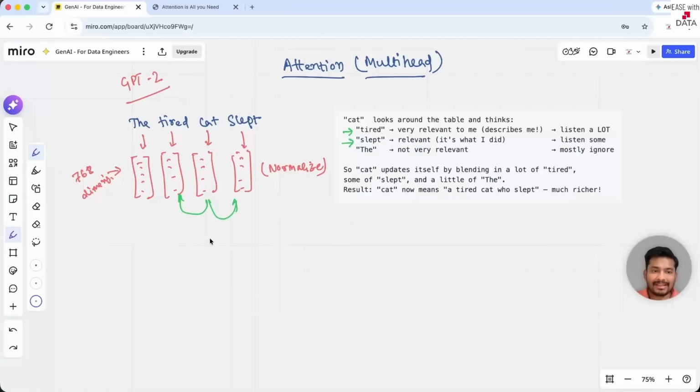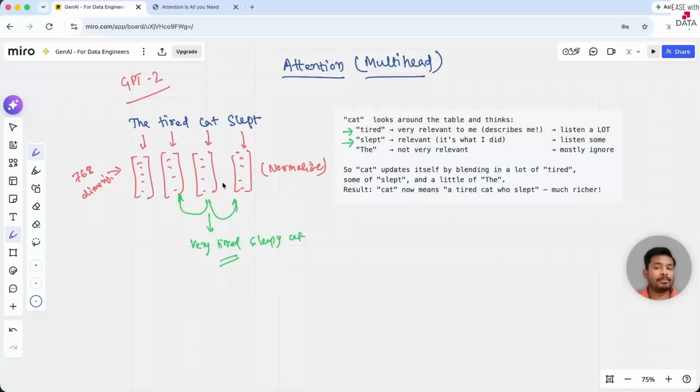Now once cat has understood the relevance of all the other embeddings, it would enrich itself, and now the meaning of the cat would be a very tired, sleepy cat. So the generic embedding of the cat would now point to a more specific direction in the dimensional space.